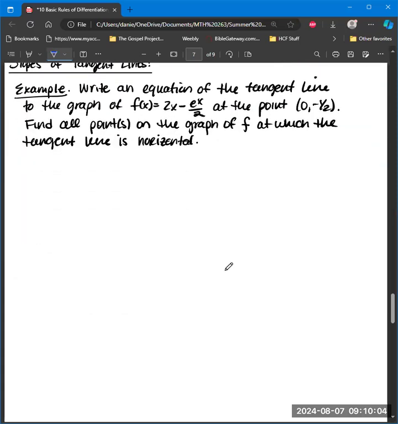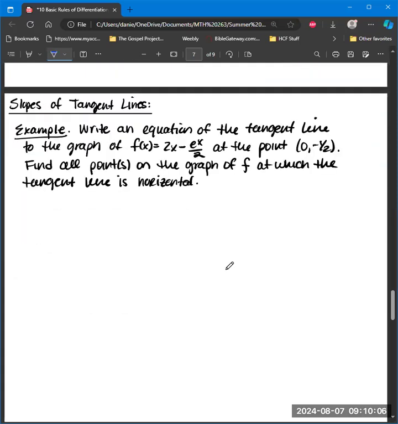Let's move on here to slopes of tangent lines. Let's write an equation for the tangent line to the graph f of x is equal to 2x minus e to the x over 2 at the point 0, -1/2, and find all points on the graph of f at which the tangent line is horizontal. So f prime of x is going to be equal to 2 minus 1/2 e to the x, like that.